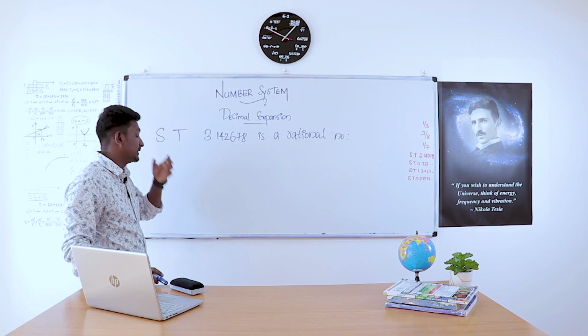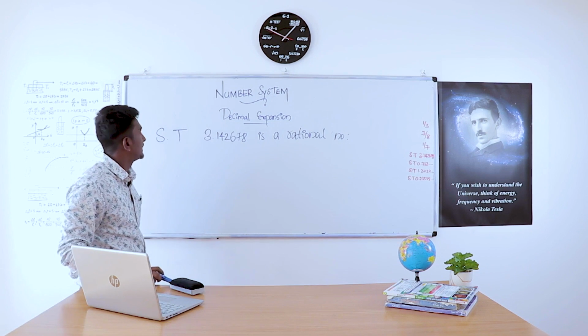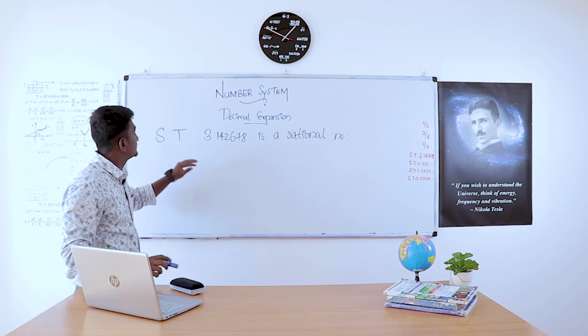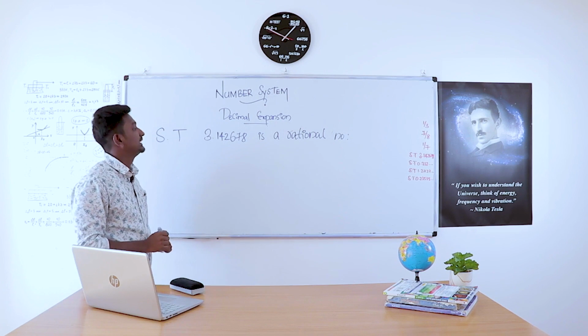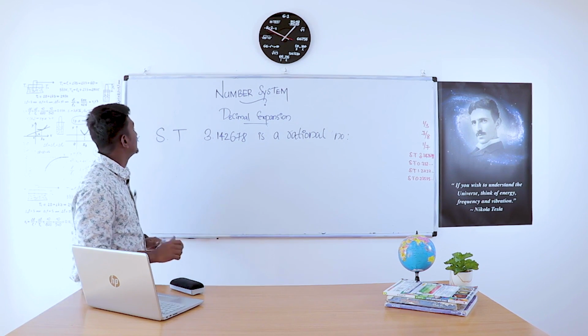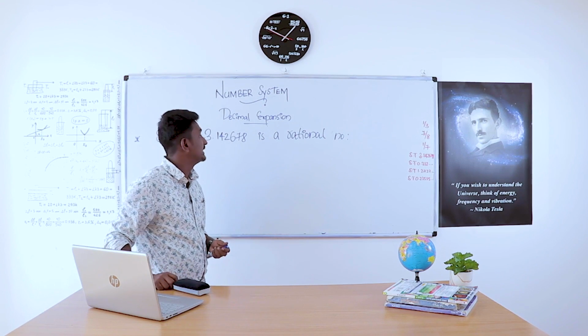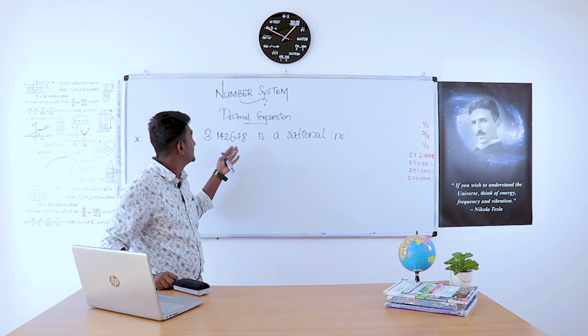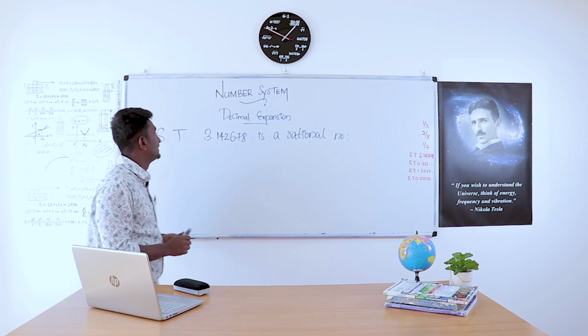That means this can be expressed as a rational number. How can 3.142678 be expressed in the form p by q? That means it is a rational number.